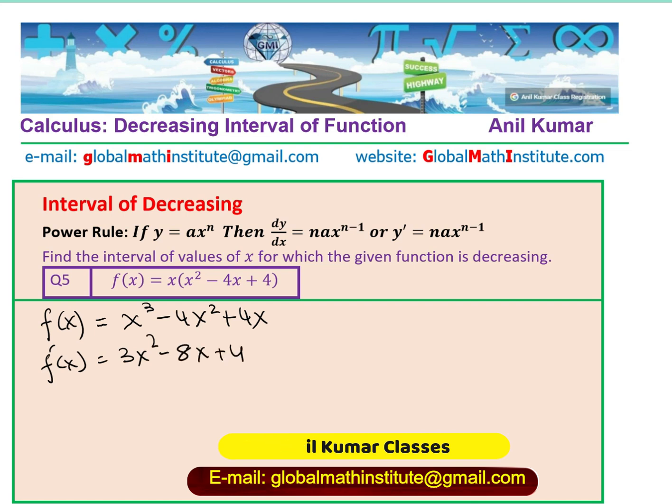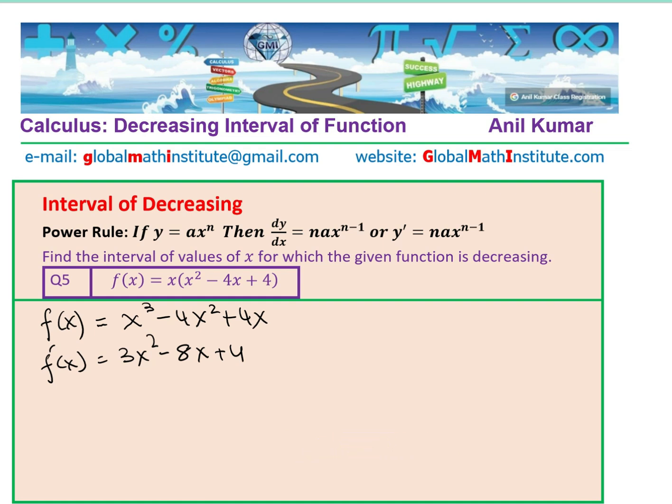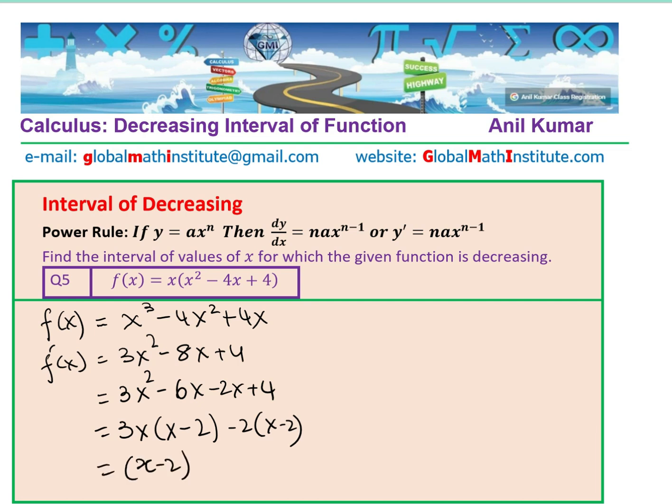Now, can you factor this? To find the zeros, of course, 4 times 3 is 12, 6 times 2 is 12, so that helps. So we could write this as 3x squared minus 6x minus 2x plus 4. Taking 3x common, we get x minus 2. Here we can take minus 2 common to get x minus 2, and therefore we have x minus 2 times 3x minus 2 as the factors.